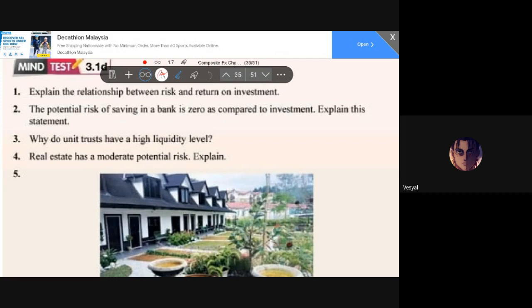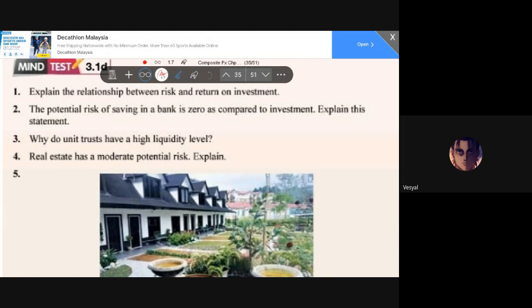Number 1, more risk, more ROI. Yeah, I would like question 2. Okay, so Jess will take 4 and 5 automatically. Yeah, correct.